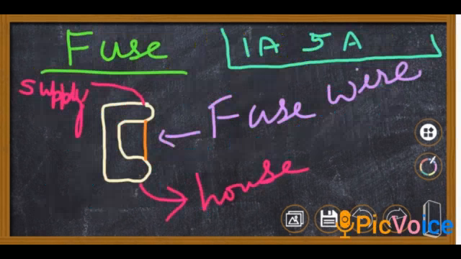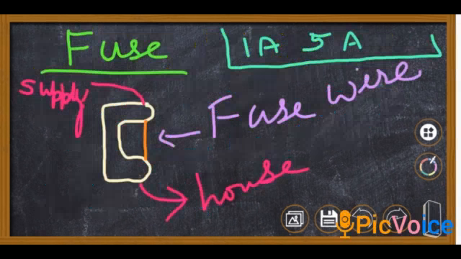The next application of the heating effect is a fuse. You all know that in every household there is a fuse. Here I have shown a very simple diagram. You can see supply is written. So the electricity is coming to your house from this main supply board. It is first sent to the fuse.